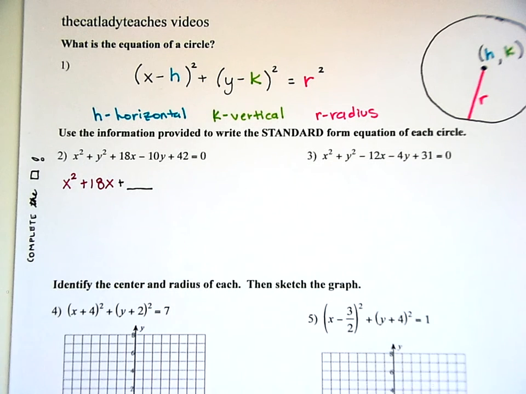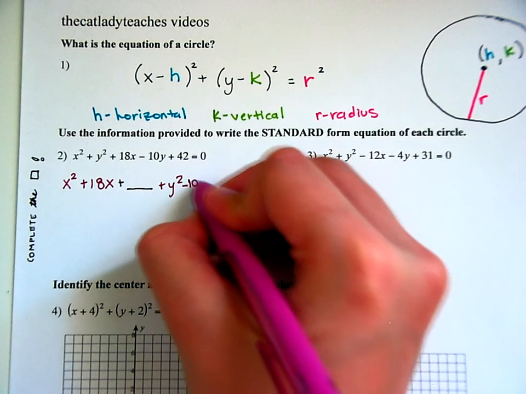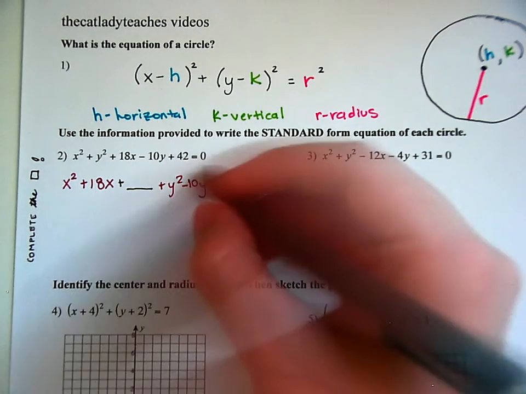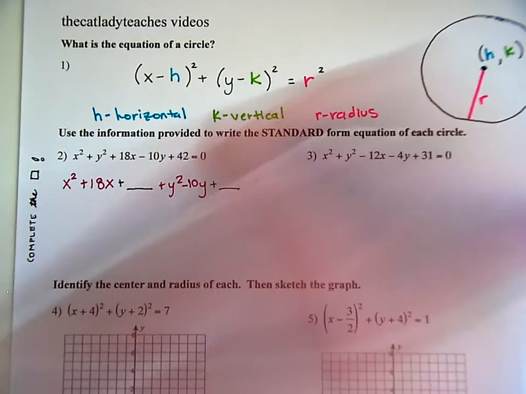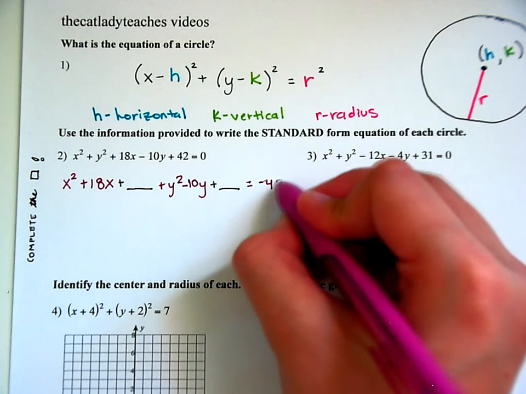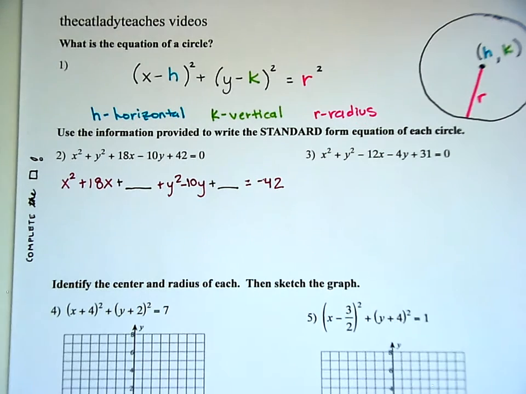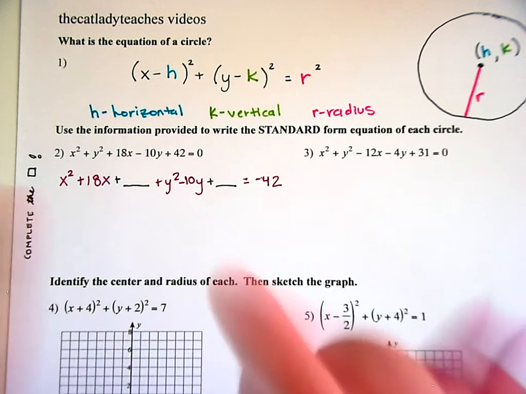All right, then we have y squared minus 10y, again, plus that third value, and then equals, and I'm just going to subtract that 42 from both sides of the equation. So now I have a negative 42 on the right. So I didn't actually do any math yet other than just rearranging everything. I haven't calculated anything yet.